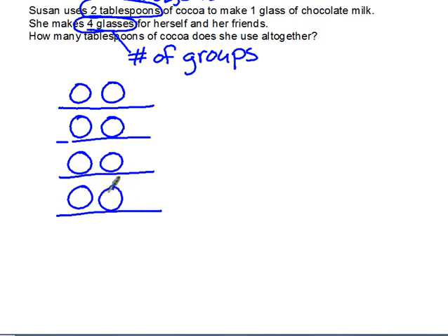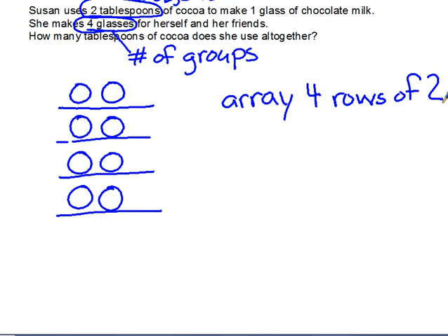So again, the students have made an array that demonstrates, students, what is it? That demonstrates 4 rows of 2. So if we ask them to put that into an equation, again, they're going to do one of 2 things.